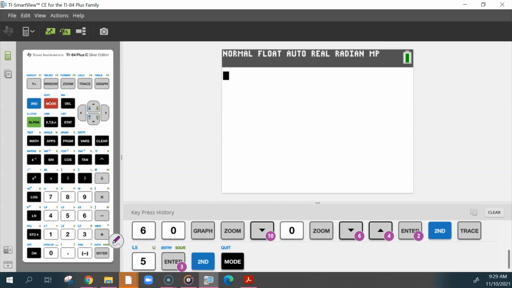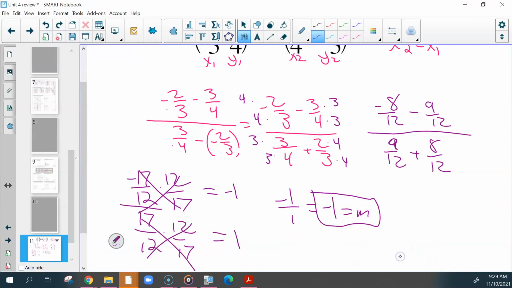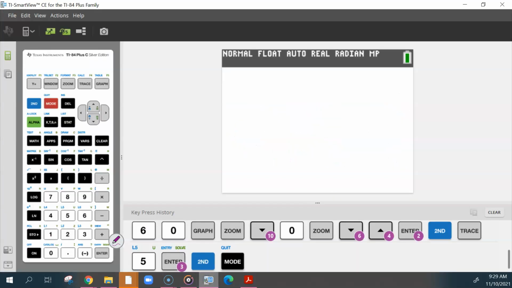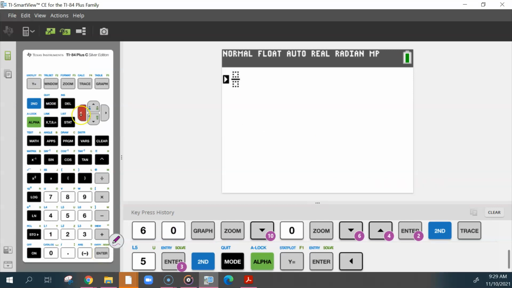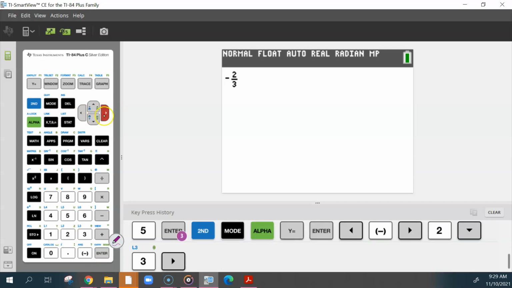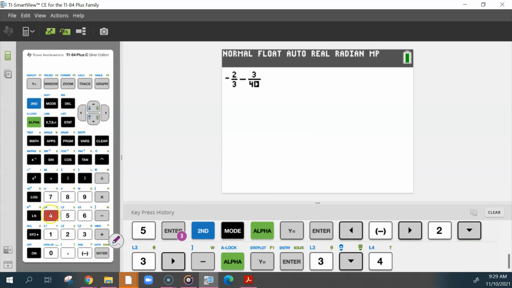So we would start with our fractions that we got at the beginning. We're going to do this part, -2 over 3 minus 3 over 4. To get your fraction, alpha y equals -2 over 3 minus 3 over 4.